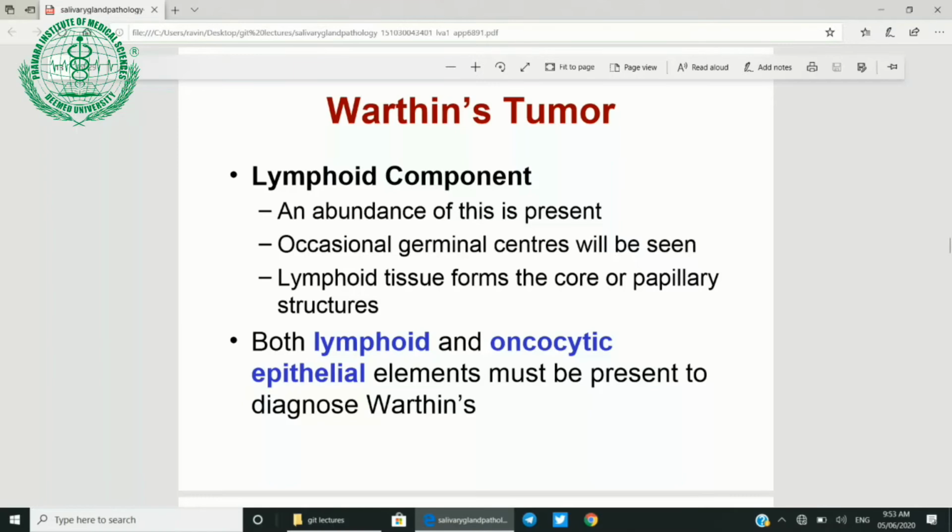When we come to Warthin's, again a benign tumor, benign papillary cystadenoma lymphomatosum. What is the epithelial component? Epithelial component is a bilayered oncocytic type of epithelium with granularity. Cysts are present, and then mostly you will get a large lymphoid component with occasional germinal centers, and they form the core of the papillary structure.